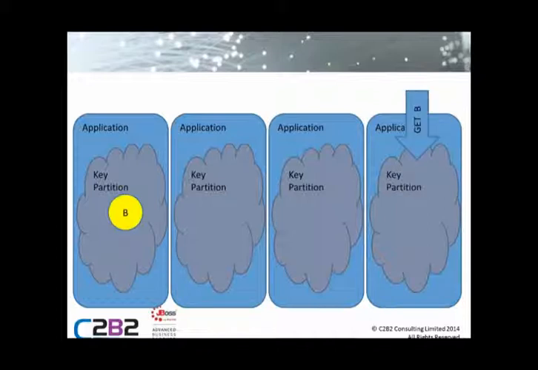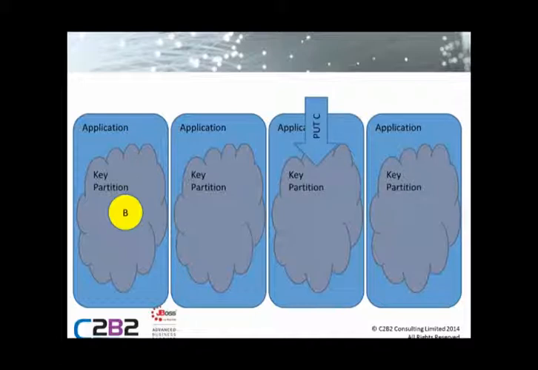Then when you want to access it, you can access the key from any one of the other JBoss Data Grid nodes. Because of the partitioning, and because the cluster understands the topology of the key space, JBoss Data Grid will know which JVM holds the value for B. That will get pulled across the network and returned to your application.